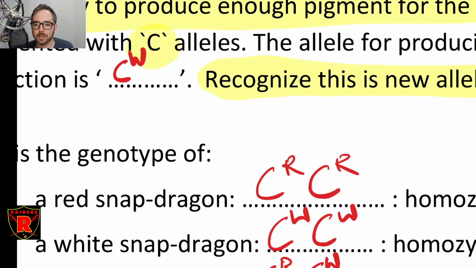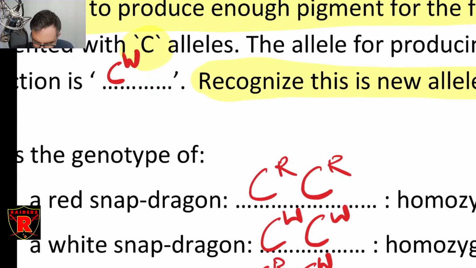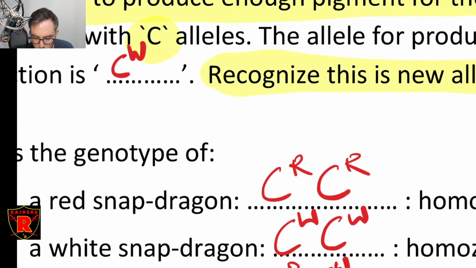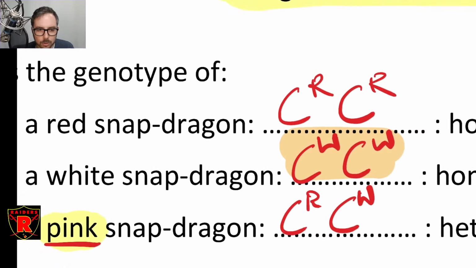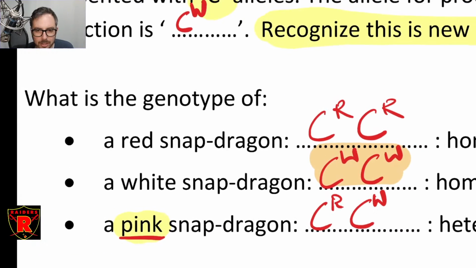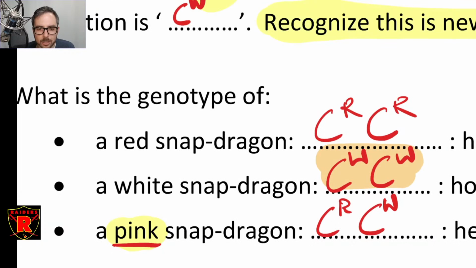You have to include both alleles, and I'll explain why in a second. So homozygous red gives you red. Homozygous white, where they're both white, is going to give you white. That's a white snapdragon. However, the hybrid, which is both of them together, the heterozygote, is going to be pink.